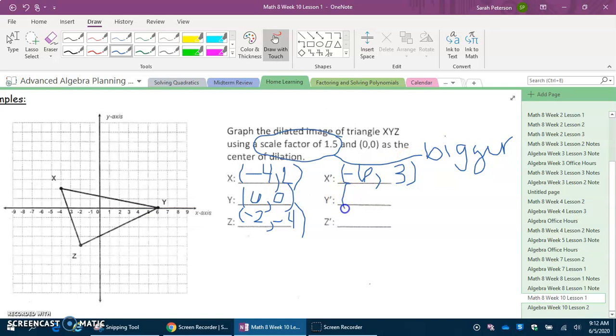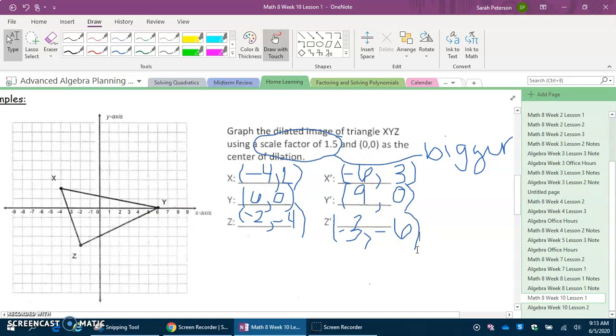And then I'm going to take 6, and I'm going to multiply it by 1.5. I'm going to get 9. And then I'm going to take 0 and multiply it by 1.5. I'm going to get 0. And then z prime will be -2 times 1.5, which is -3. And -4 times 1.5 is -6.